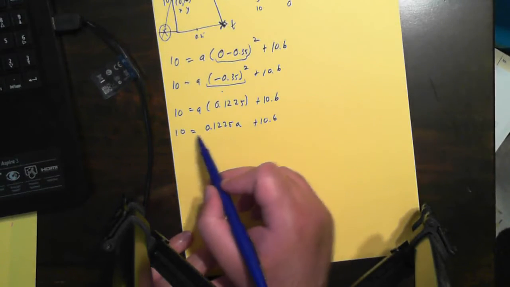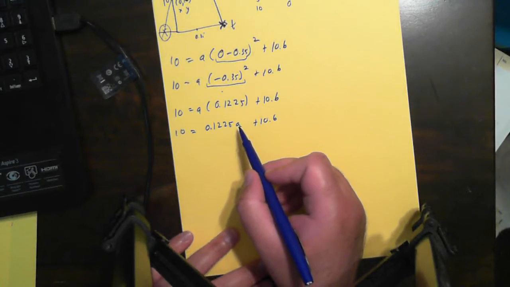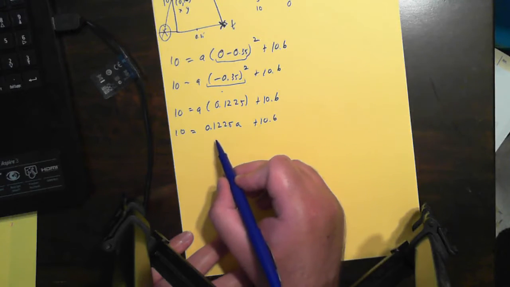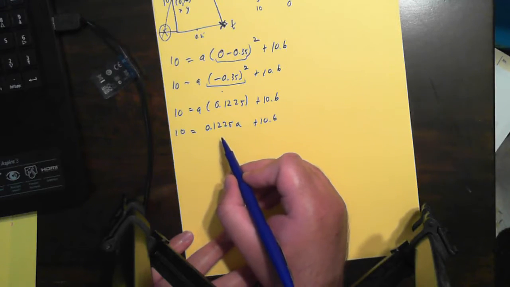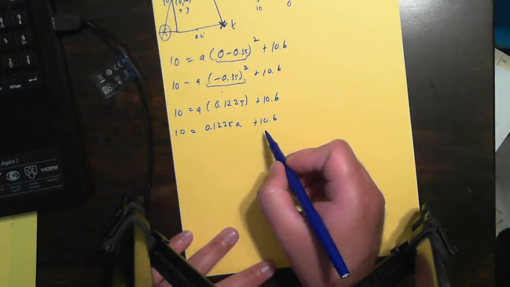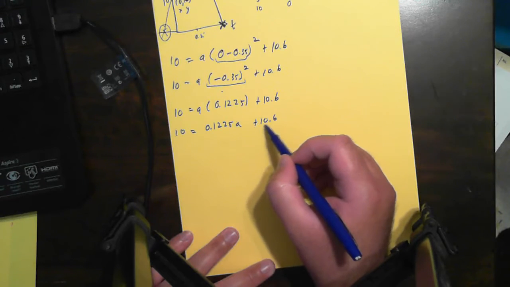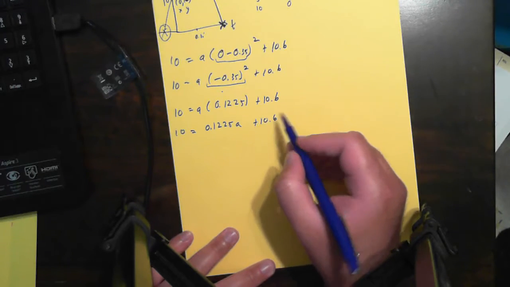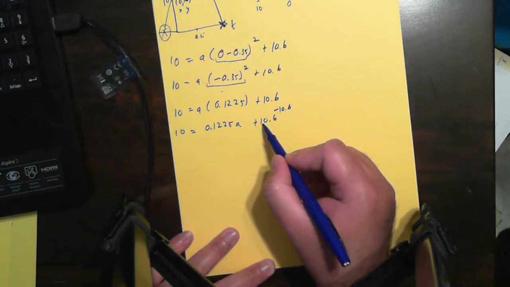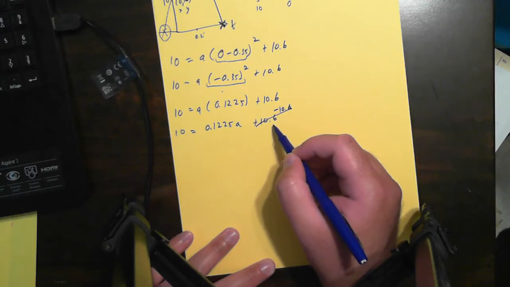Now I've got one equation with just one variable, so I can solve this for a. I need to get rid of the 10.6 and then get rid of the 0.1225 to get a all alone on one side of the equation. Let's get rid of the 10.6 first. Usually we get rid of addition and subtraction first. This 10.6 is added on, so to get rid of addition, I subtract 10.6. 10.6 minus 10.6 gives me 0, which effectively gets rid of that 10.6.